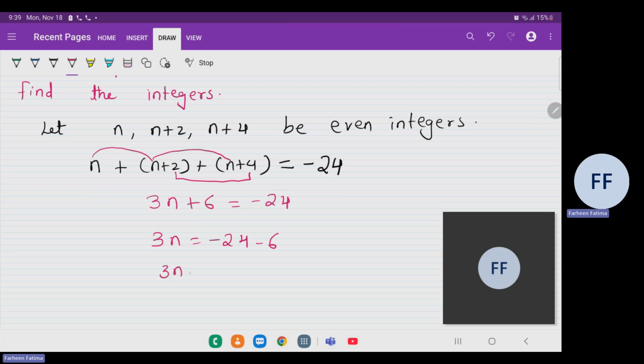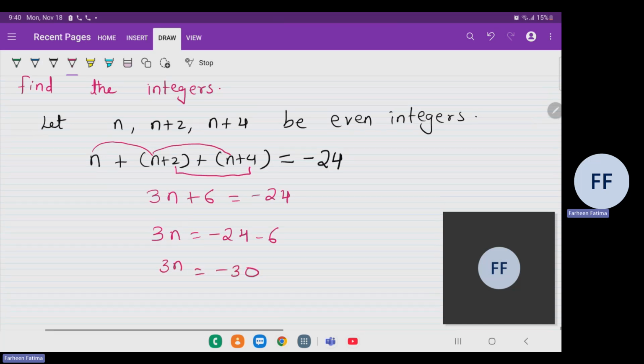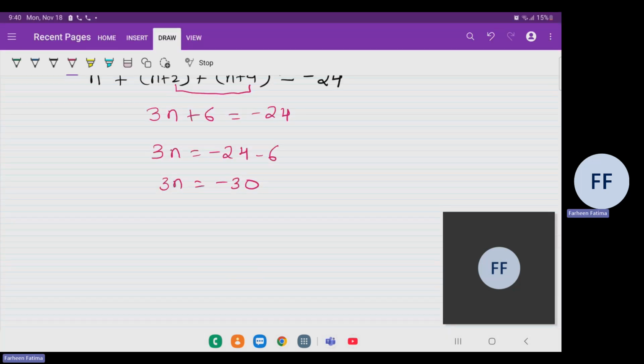So 3n equals minus 30. Now I need only n, so 3n over 3 equals minus 30 over 3. So n equals minus 10.